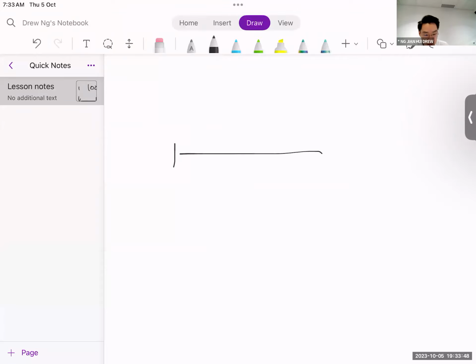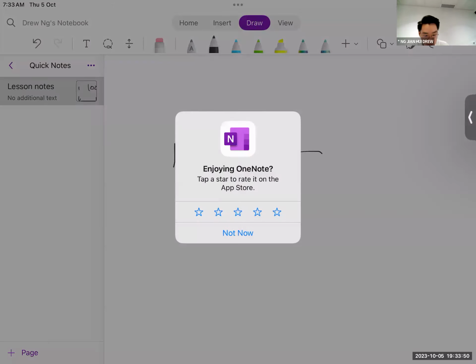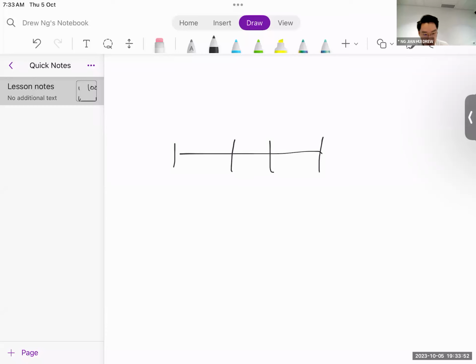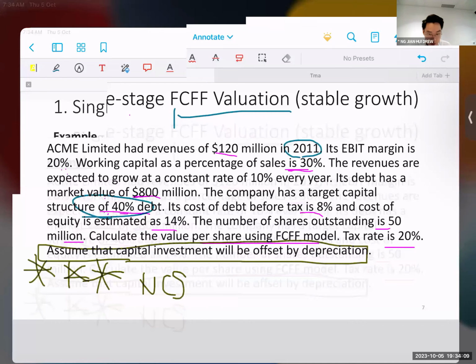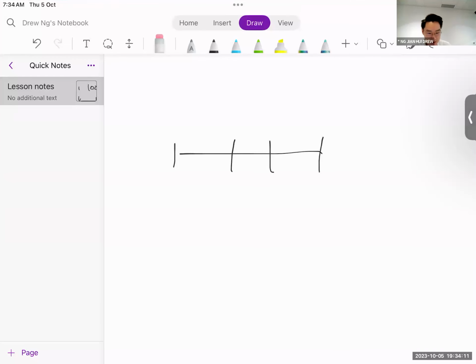So we have year, let's say 2021, right? Because the question now is 2020, 2011, sorry. So we have 2011, right?